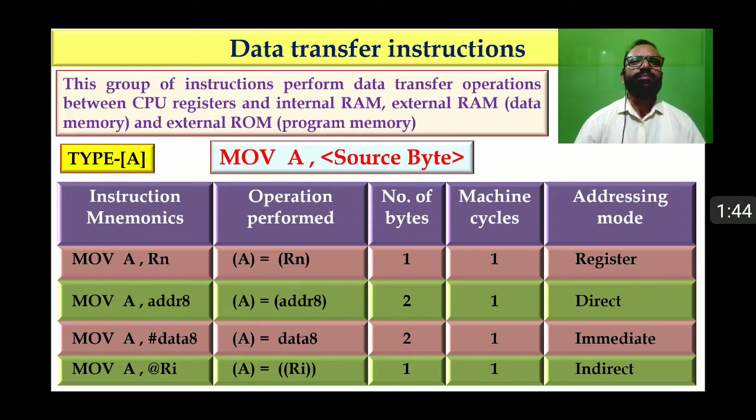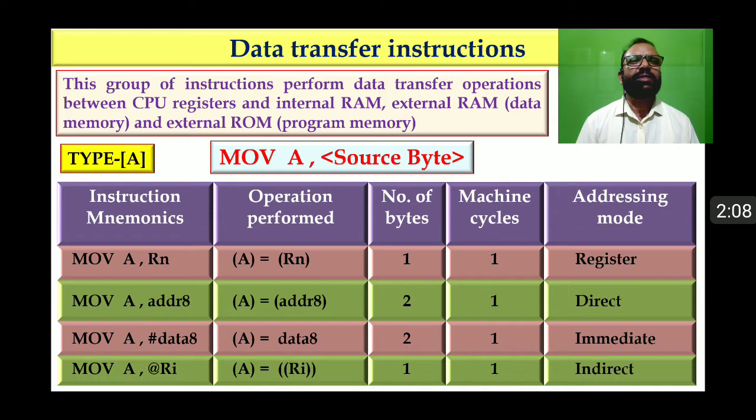The first instruction is MOV A, Rn, where Rn is any working register of the microcontroller 8051, and n stands for 0 to 7, meaning R0 to R7. So you can move the data from any register R0 to R7 to the accumulator.